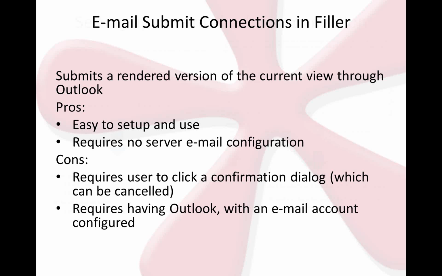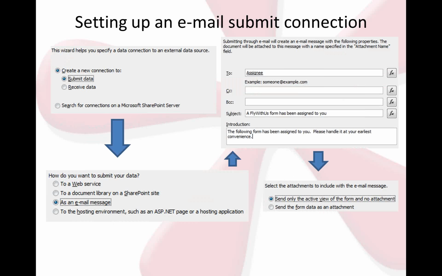So in order to set up an email submit connection in InfoPath, it's a lot like any other kind of data connection. You first select that you want a connection to submit data. You pick the as an email message option button. And then you'll get a number of options for either using constant values or values from the form to determine the assignee, the CC address, the BCC address, and the subject.